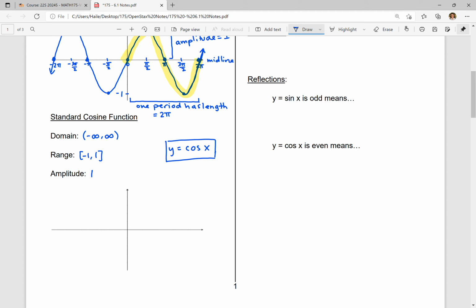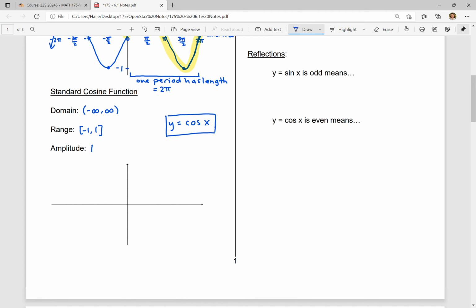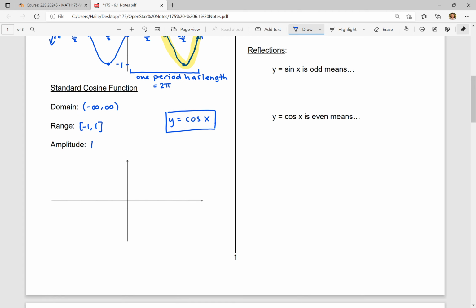So now let's graph the basic cosine function. So just like with sine, we're going to have those same labels along our x-axis. So we're going to have 2 pi, pi, pi over 2, and 3 pi over 2. And then in the negative direction, I'm going to write those as well.